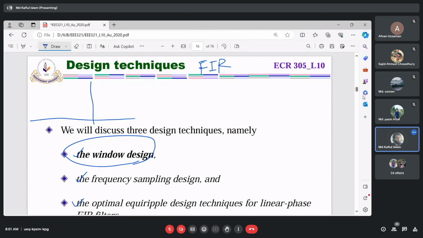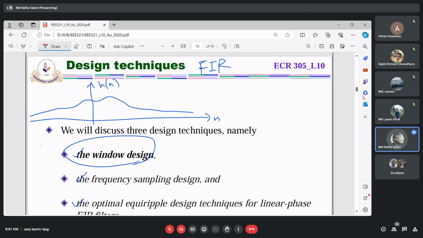So let's say that you have an infinite duration impulse response, something like this. Now you have to make it finite. How can we do that? Let's say that I have a window function, a rectangular window function, having value 1, and then 0.